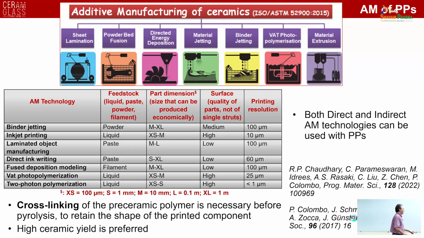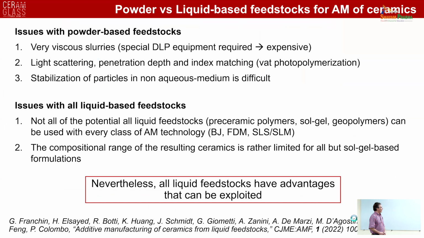And let me just remind you that cross-linking of the preceramic polymer is necessary before pyrolysis, unless you have a highly filled system, to retain the shape of the printed component. And of course, a high ceramic yield is preferred.